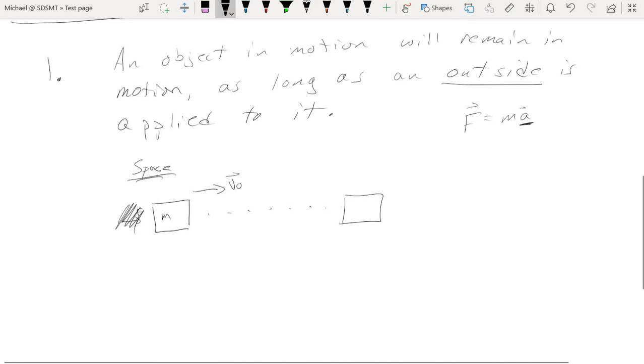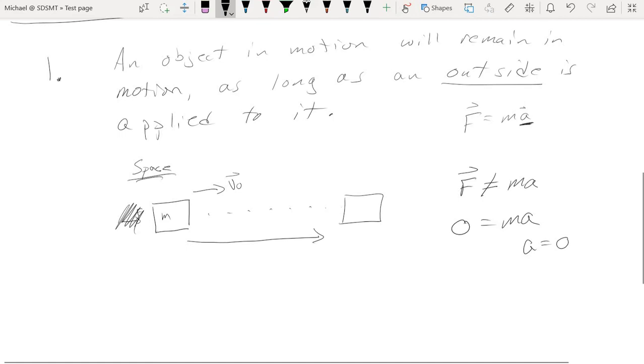Then we remove the force, but now as this mass travels through space, if there are no forces present to act on that mass, then zero force would have to equate to a zero acceleration.